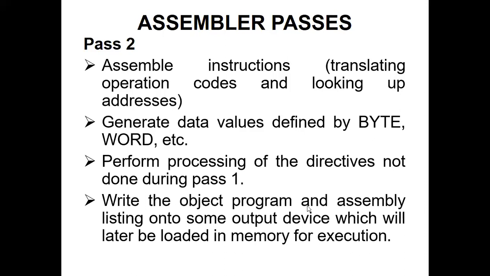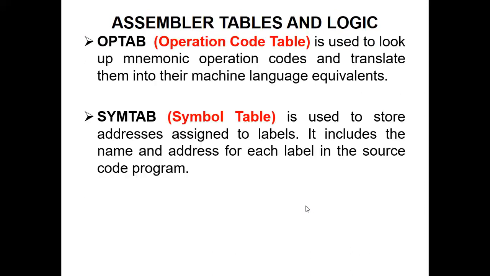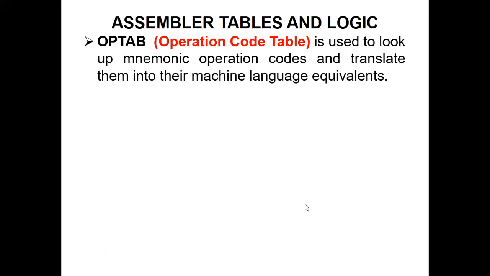And then you write the object program and the listing onto some output device. Now the tables, these are the names of the tables. That table which has got the operation codes, we call it the operation code table.